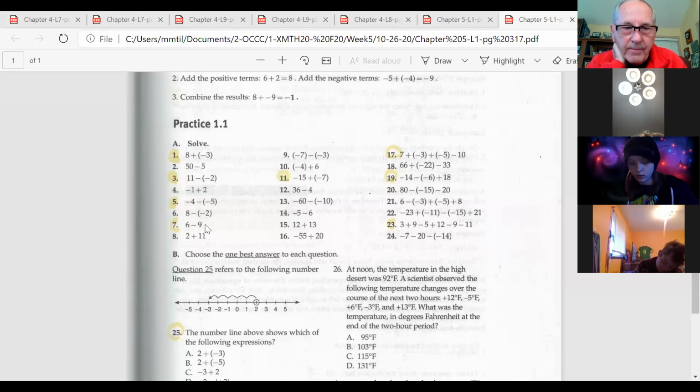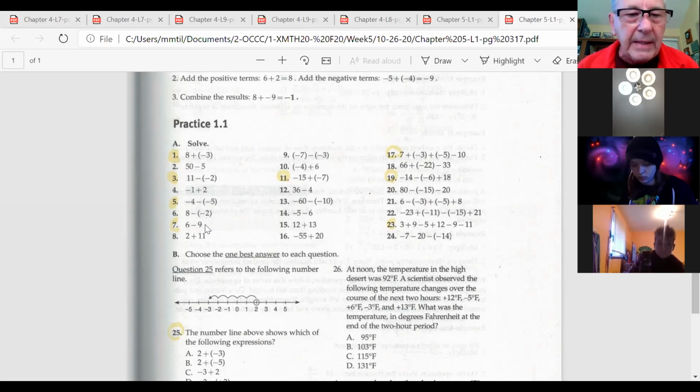And what's the sign? Which is bigger? The 9 is bigger. So it would be +3. No, not positive, -3. Right? Because the 9 is bigger, so it's going to be -3.